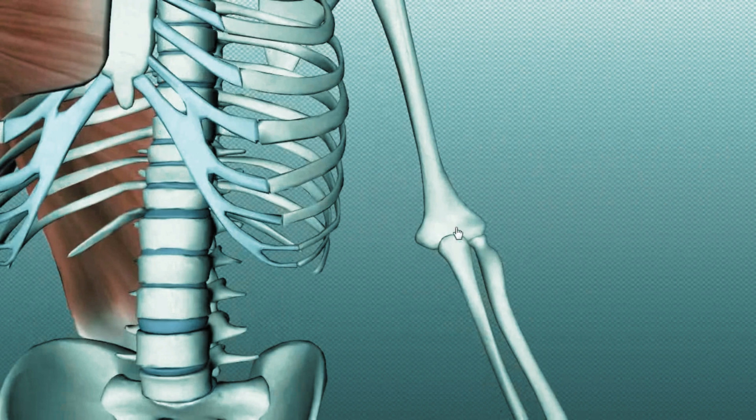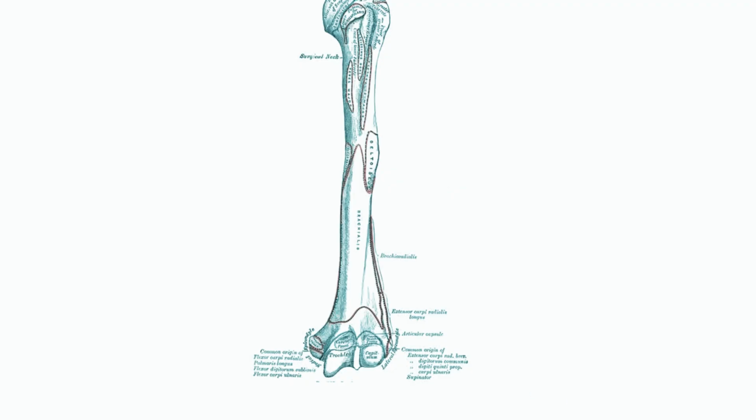And also at the distal end you've got the articulation with the radius bone and the ulnar bone. So it's not actually shown very clearly on here, but you've got a condyle which consists of a capitulum and the trochlear, which I'll show you on another diagram. So I've just switched over to one of these diagrams and we're looking at the same view, so anteriorly at the left humerus.